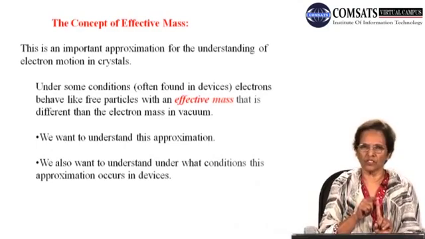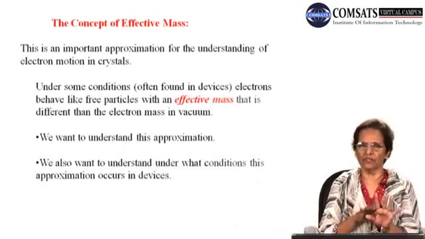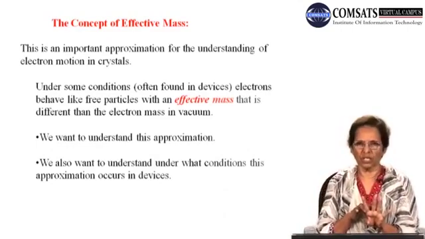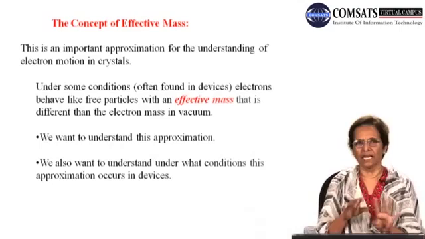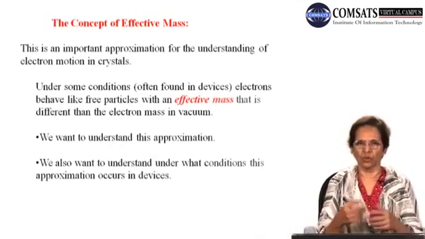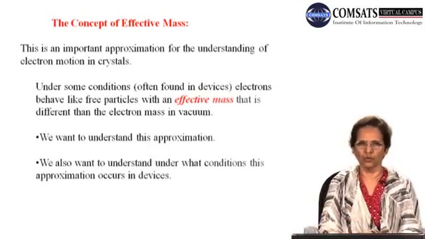The semiconductor crystal has many different obstacles with which this electron can collide and therefore cannot accelerate as is imagined or as is expected by using the simple Newton's law, F is equal to m into A.